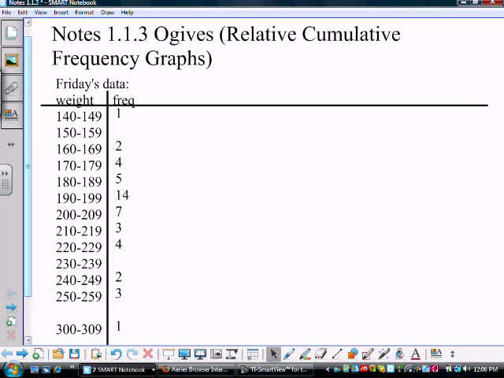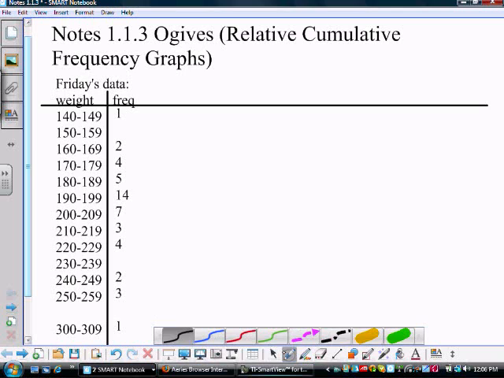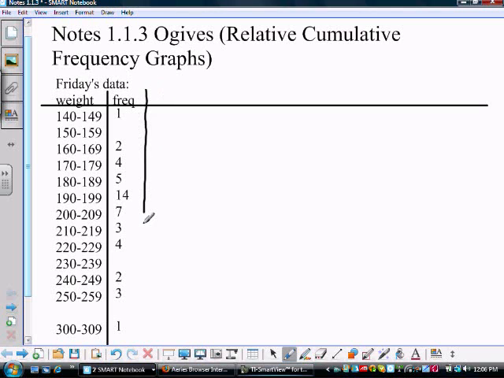There'll be a few more things that we'll want to do with this data, and one of them is going to be to get a cumulative frequency. We also might want to have a relative frequency too, so maybe we'll do both.